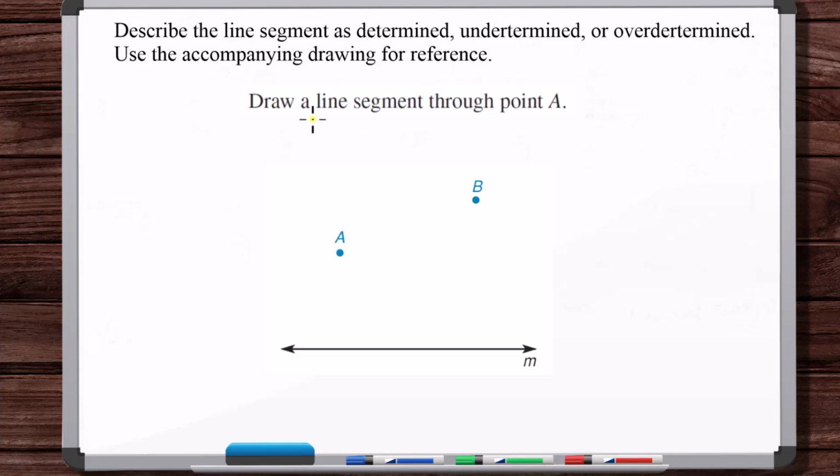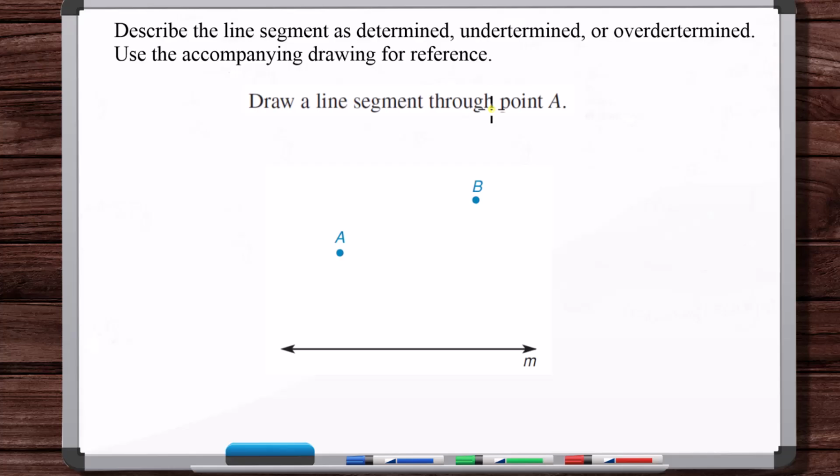So, first, it says draw a line segment through point A. If we're analyzing some situation, this could be in engineering, could be in any scenario, and we say, okay, I want to add this auxiliary figure here to analyze something geometrically.